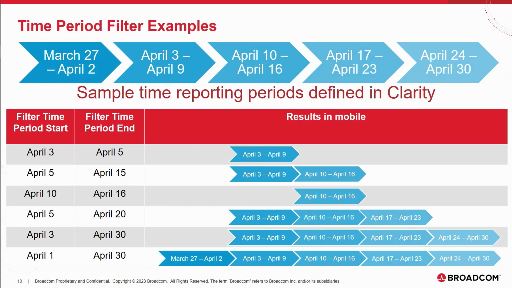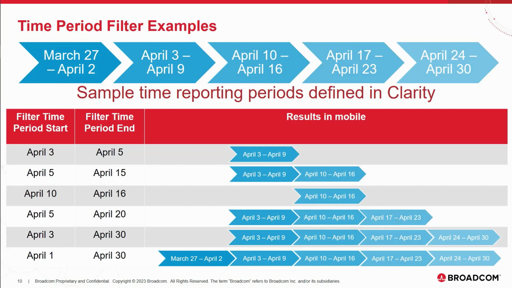We felt that for a user in a mobile app, it should be a little bit more lenient and more flexible, so that the user does not need to remember specific time period date ranges, but can just remember a calendar date range and populate that. The app will then automatically find any time periods within those specific calendar dates.